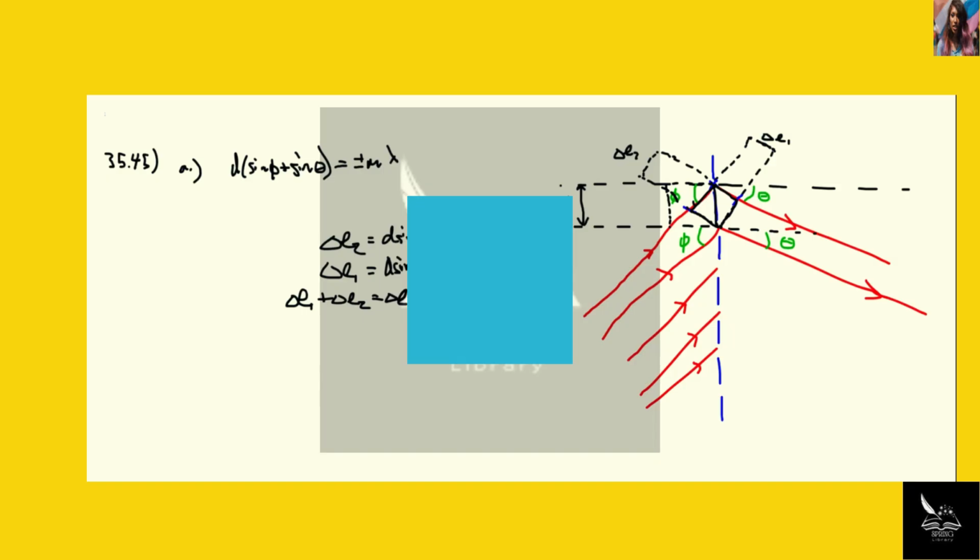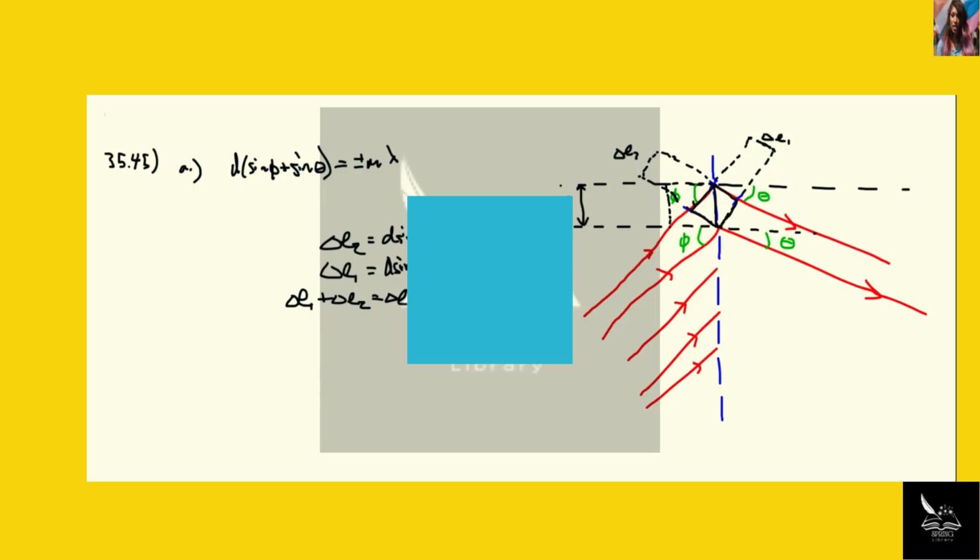For the total path length difference, we set this equal to an integer times the wavelength, with a plus or minus: d sine phi plus d sine theta equals n lambda, plus or minus. So this is exactly what we wanted to show.